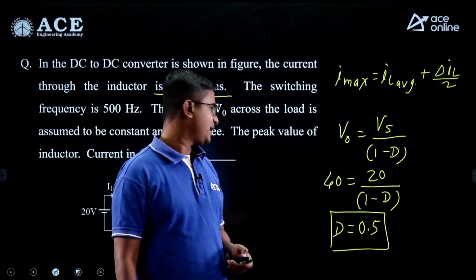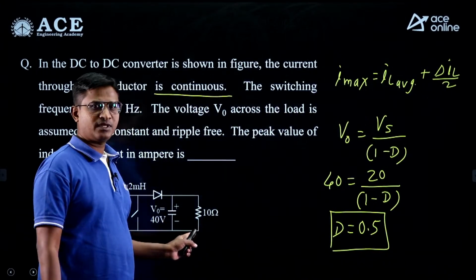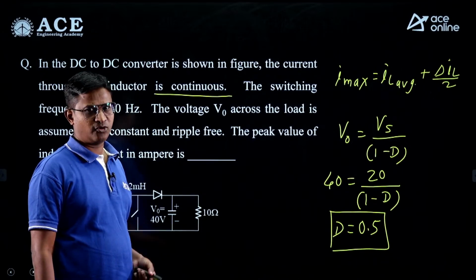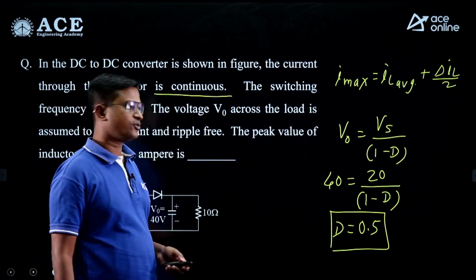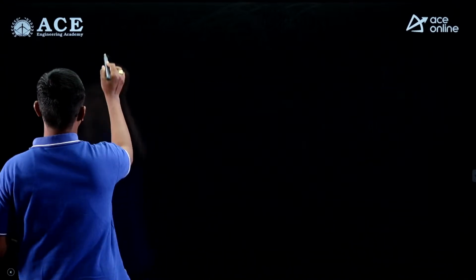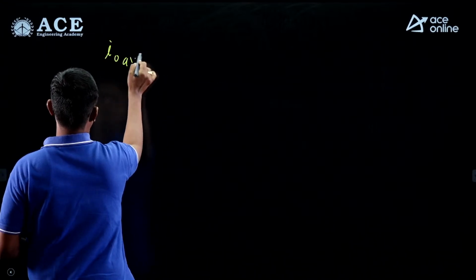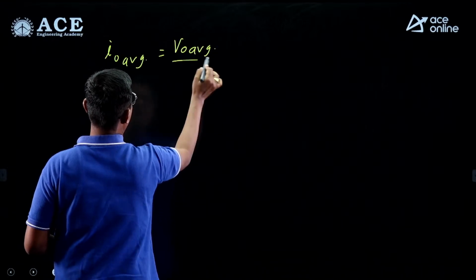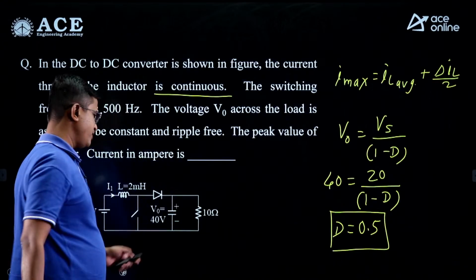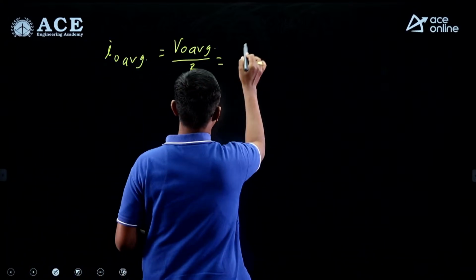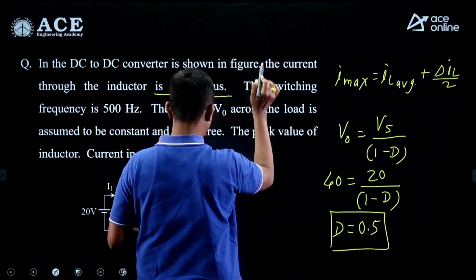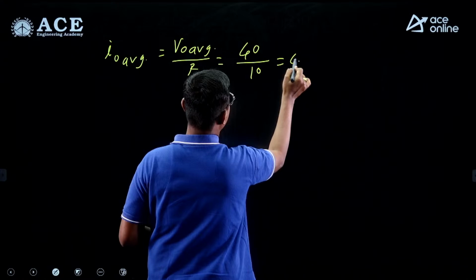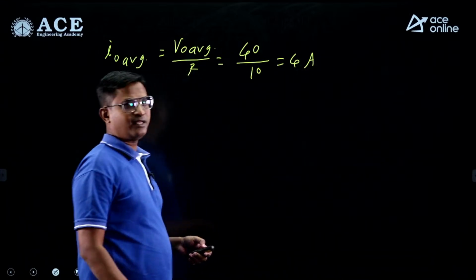Now output voltage given is 40 volt and load resistor is 10 ohm. From this I can find I0 average, which is equal to V0 average by R. My V0 is 40 volt, so 40 upon R is 10, so it is 4 ampere.